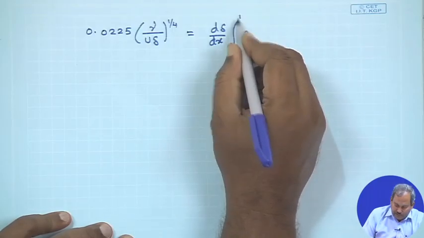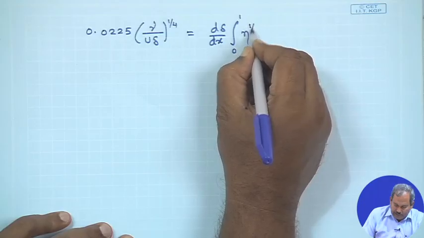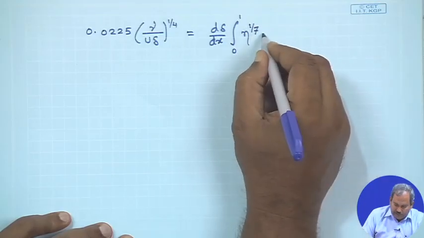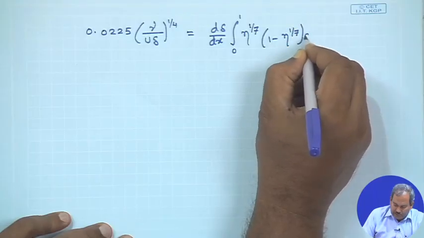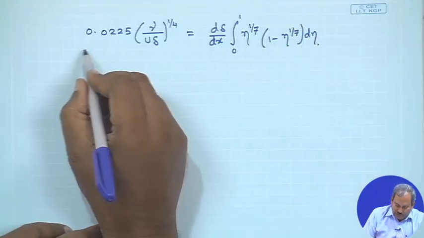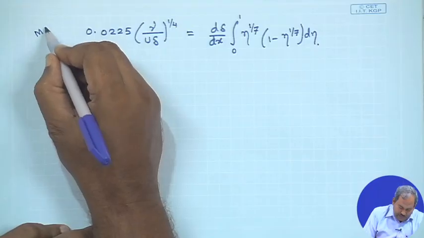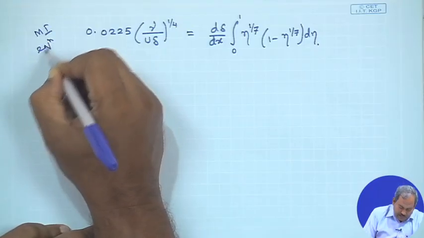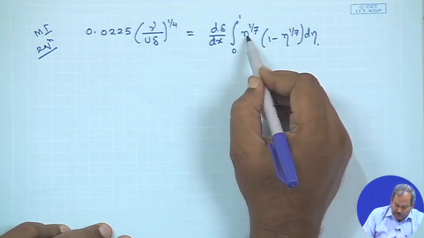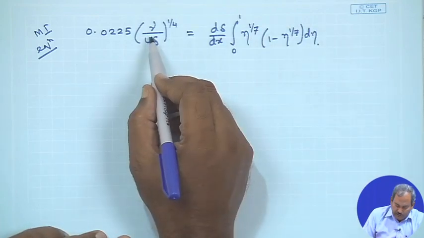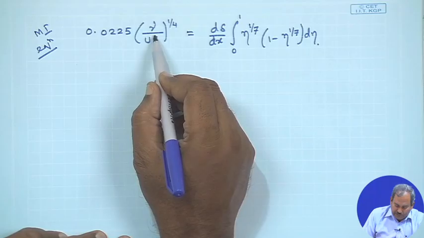I am integrating over the entire flow area, eta, which is the dimensionless distance from the solid wall, of eta to the power 1/7 times 1 minus eta to the power 1/7 d eta. So, the momentum integral equation for turbulent flow takes this form, where I am integrating the 1/7 power law, and I have used Blasius correlation to obtain the expression for tau W in this case.